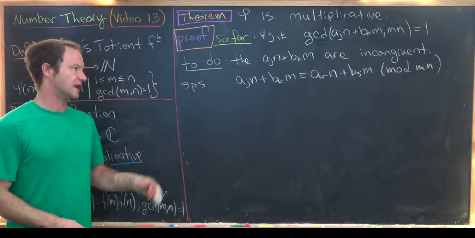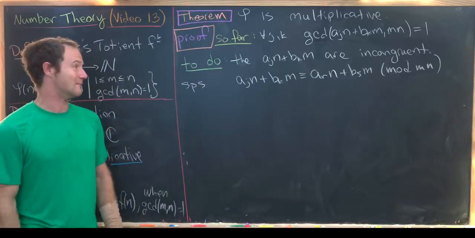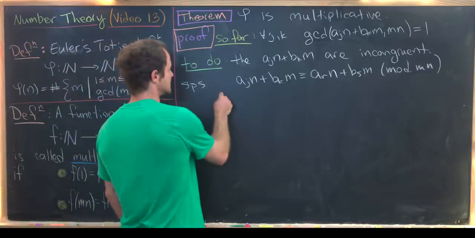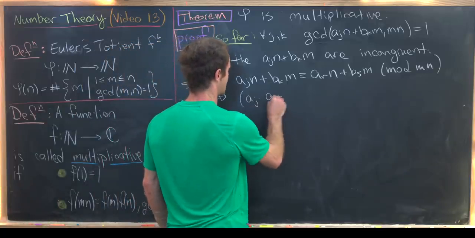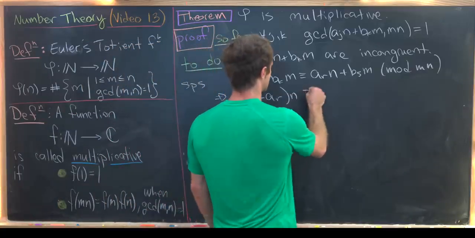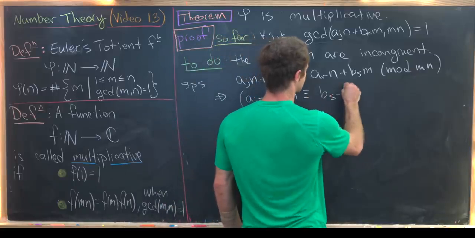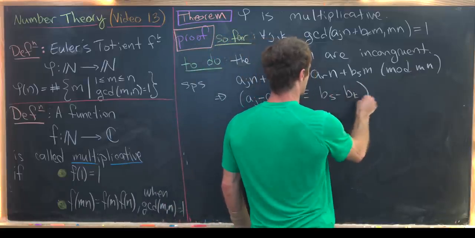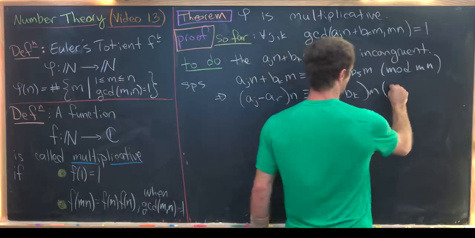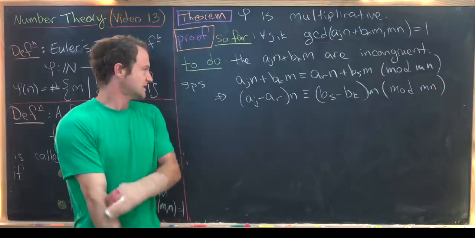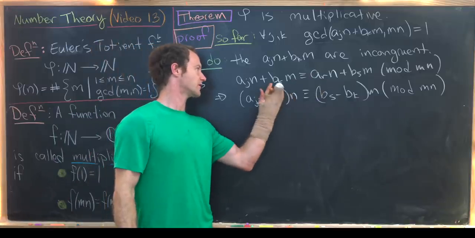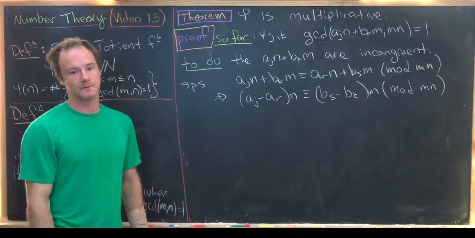So we've got a multiple of n on one side and a multiple of m on the other side. So that's going to give us something like AJ minus AR times n is congruent to BS minus BK times m, and that, again, is all happening mod mn. So that's just moving this AR over and that BK over.